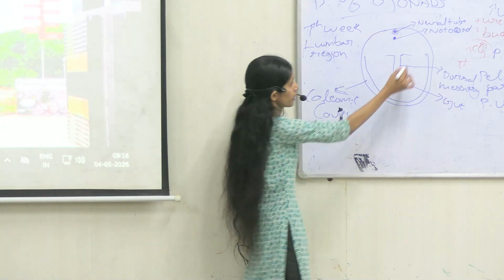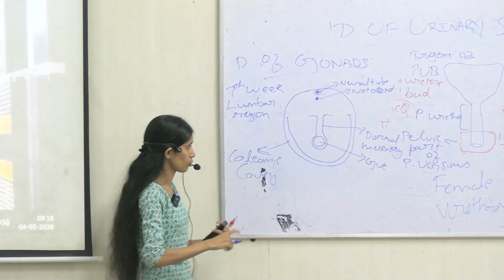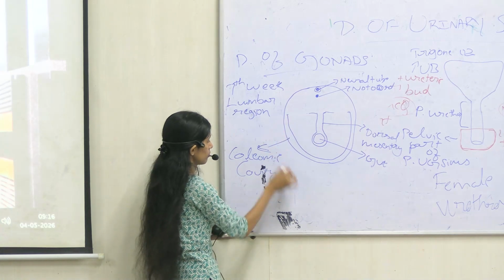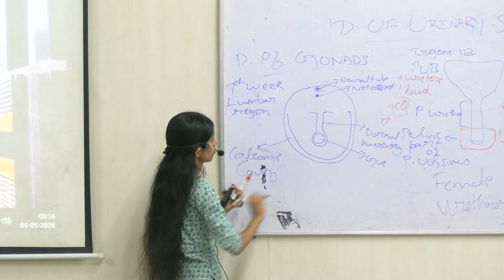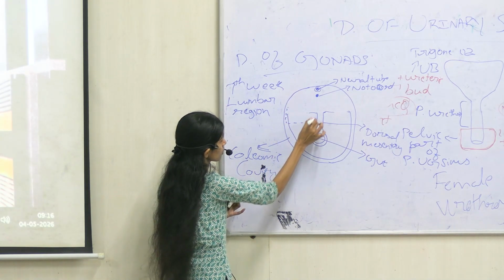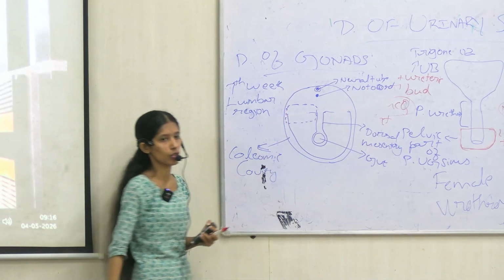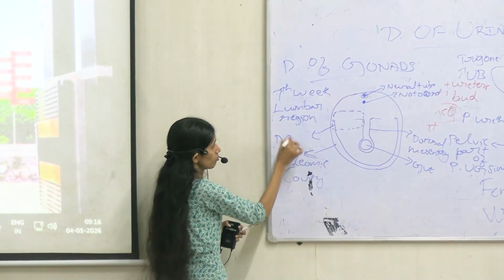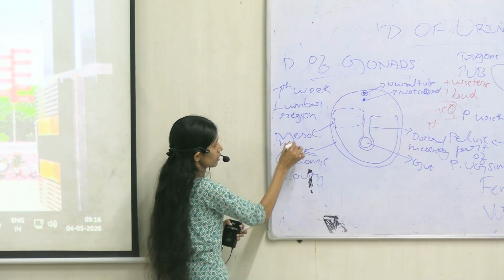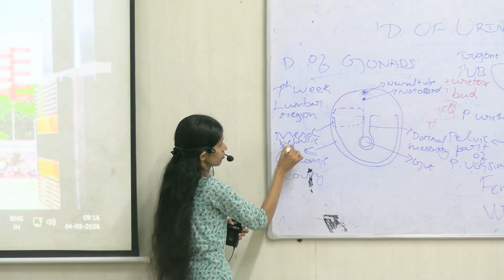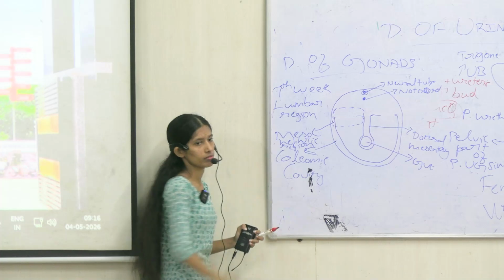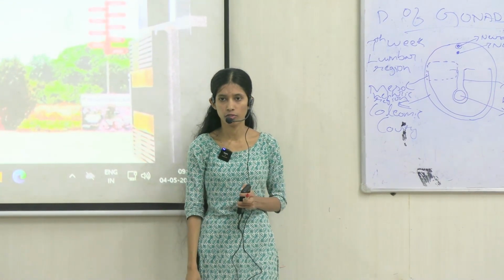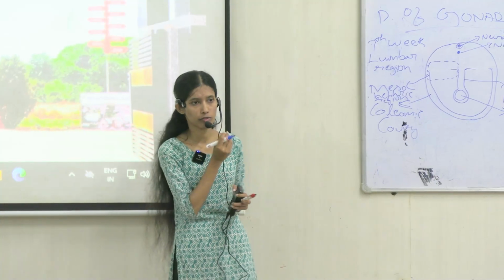And this region what you are seeing is called the mesonephric region. We have 3 different parts in the mesonephric region.